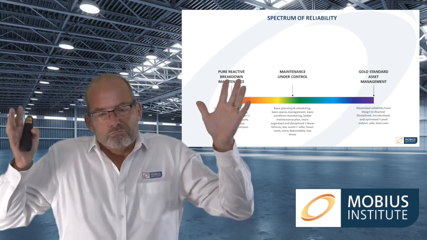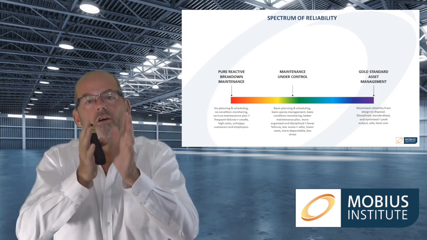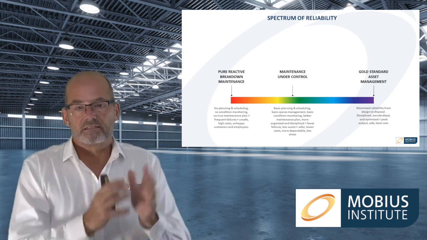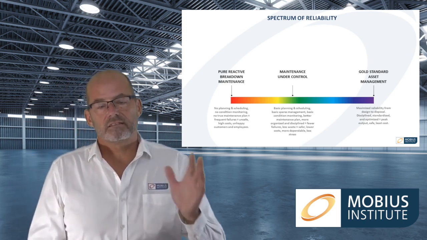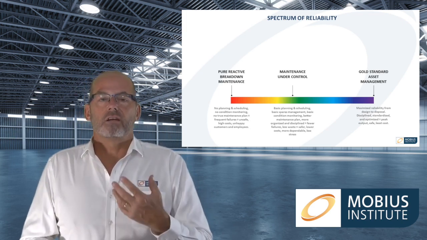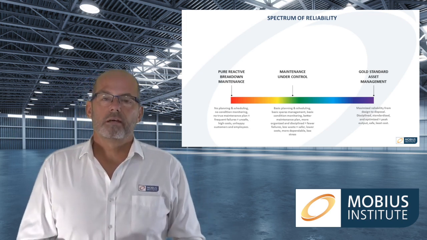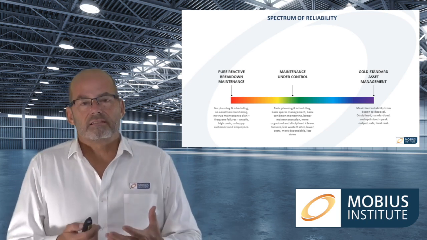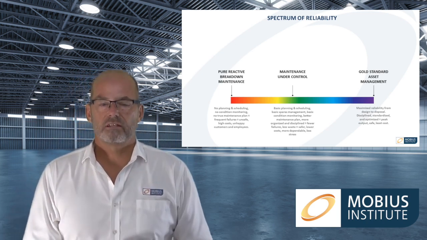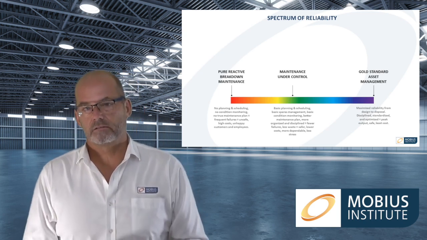So we said, let's narrow the focus a little bit and say, for those who really are starting from pure reactive maintenance, let's just focus on the maintenance department for a bit and recognise that there's a point where you've got all the basics in place and now you're having much less reactive maintenance, far fewer failures.